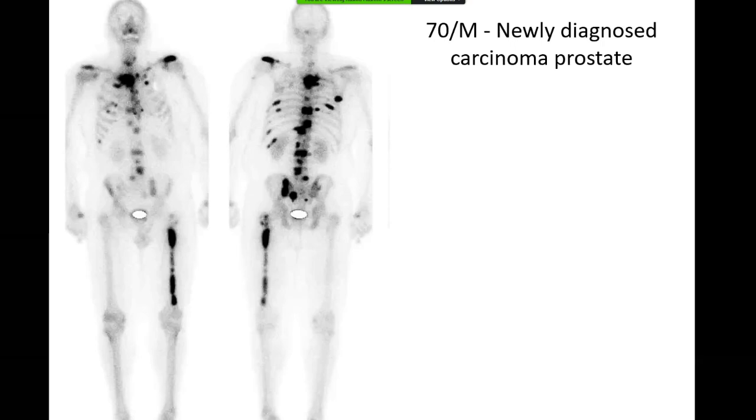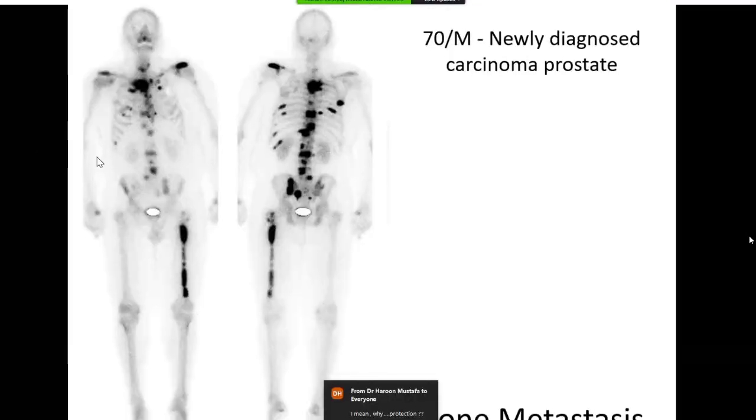Okay, good question. And somebody has asked, what is this over the urinary bladder? Now, depending on which department the study is being done in, the nuclear medicine technologist, when the patient is not able to empty the bladder completely, would put a shield over the urinary bladder to reduce the count from the urinary bladder.